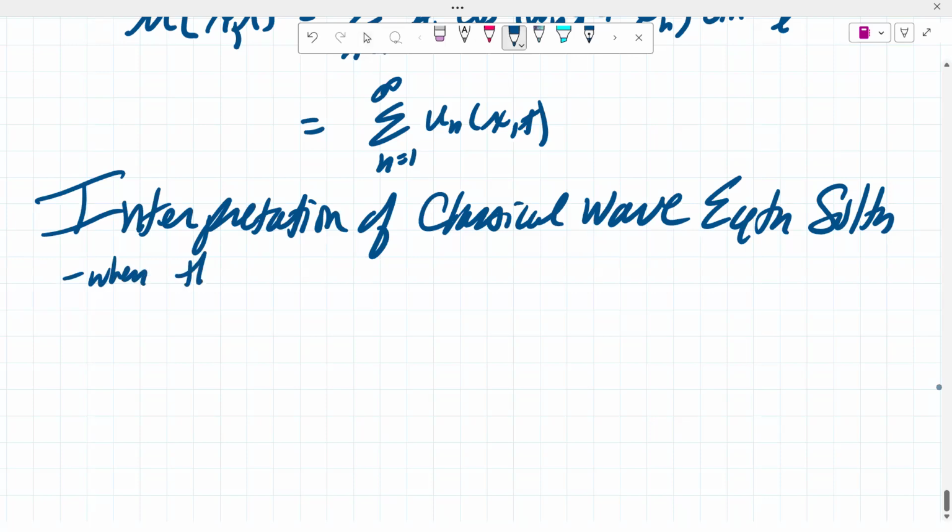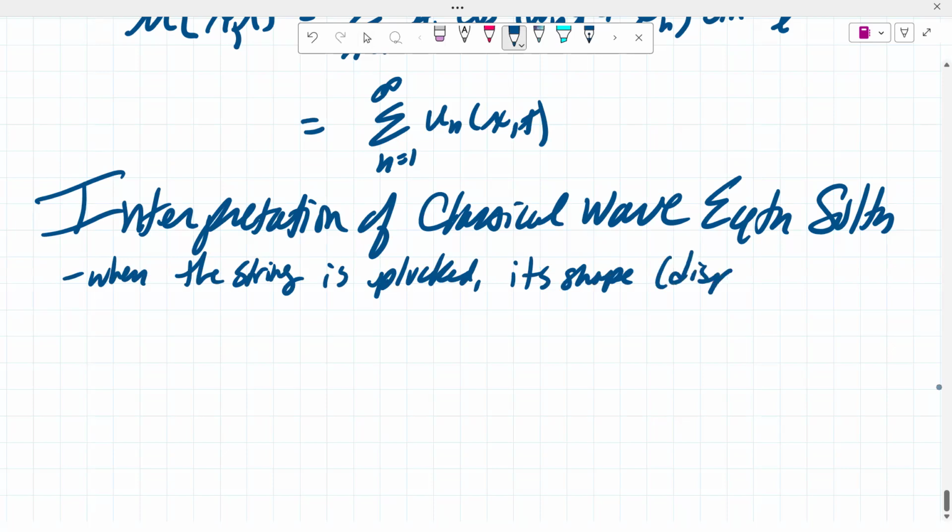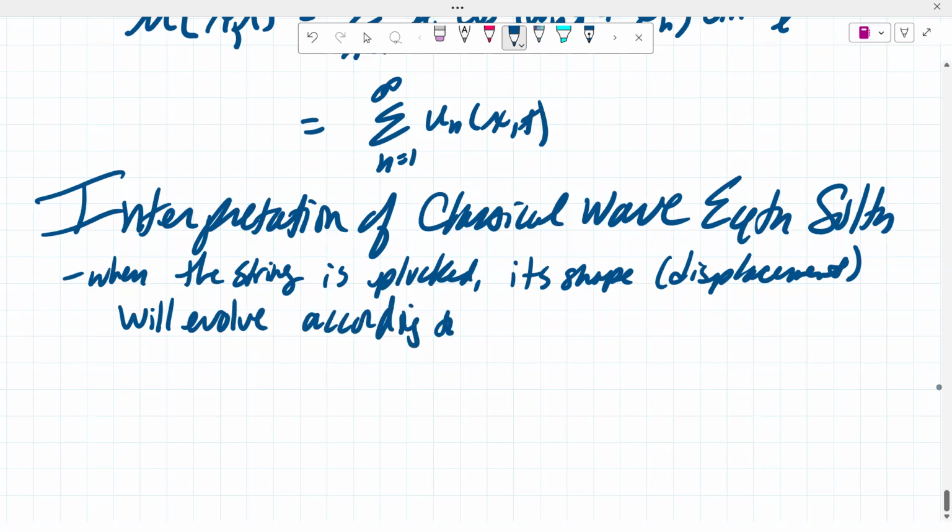When the string is plucked, its shape will evolve according to u of x and t, the displacement equation.